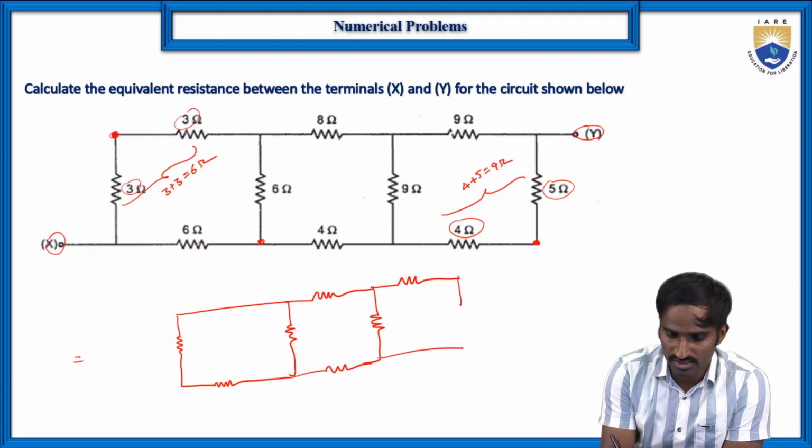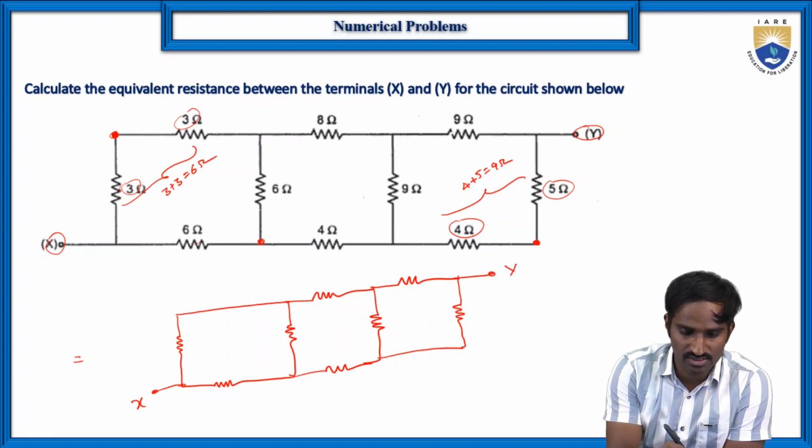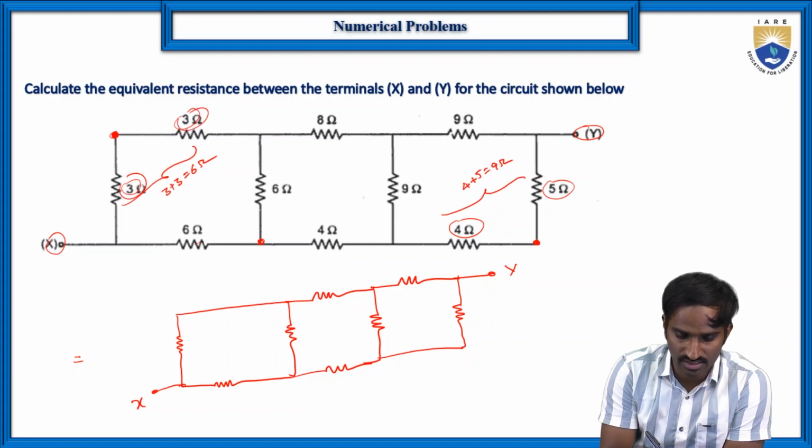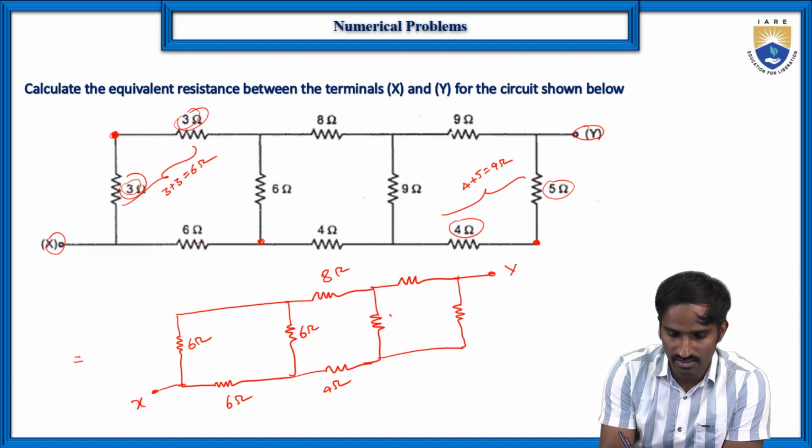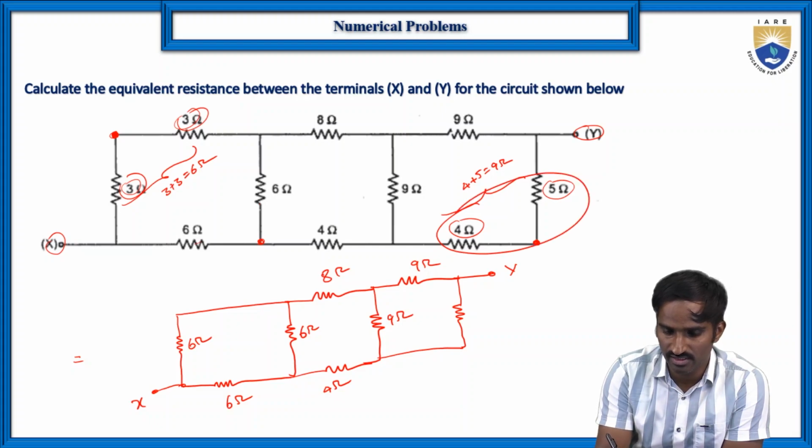We should not disturb the terminals X and Y, because we have to find the equivalent resistance between these two terminals X and Y. So we are replacing this 3 ohms with an equivalent resistance of 6 ohms, and again here 6 ohms, and again here 6 ohms. Here 8 ohms, this is 4 ohms, this is 9 ohms, and again here it is 9 ohms, and these two combinations we are replacing with again 4 plus 5, which is 9 ohms.